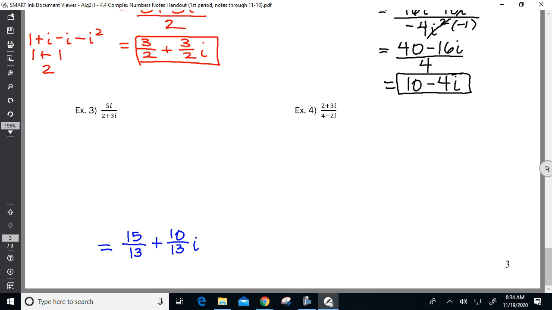So there's 5i over 2 plus 3i. So again, the same rules apply. You take the complex conjugate of the denominator, which would be 2 minus 3i.